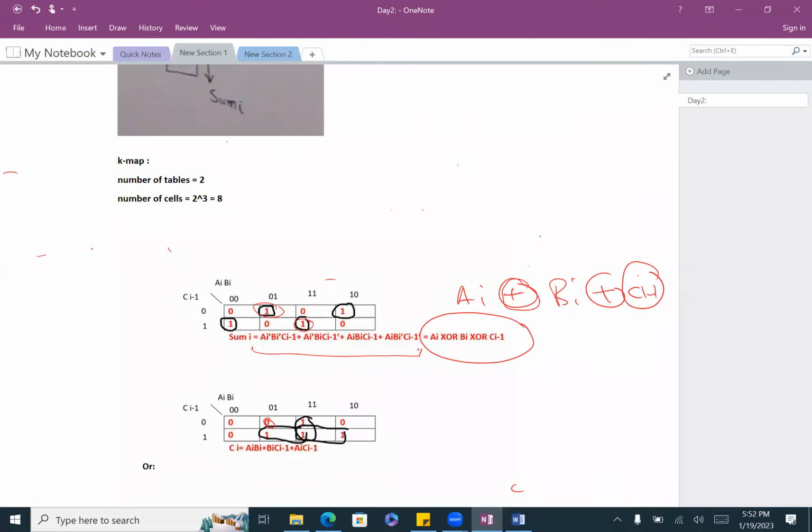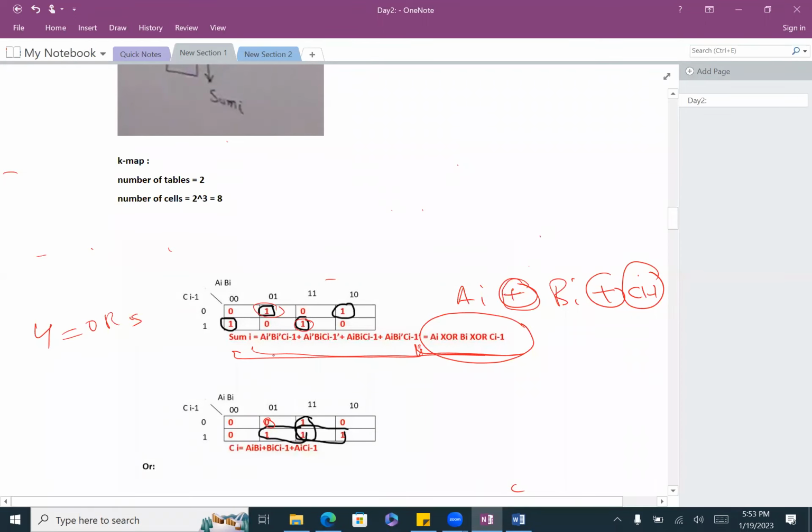So the purpose here, when we did the XOR, we saved some hardware. It's fewer gates. How many gates do we have here? 2 XORs, correct? And if you see this equation, how many, no, you will have 4 ORs. And how many ANDs? You have 1, 2, 3.